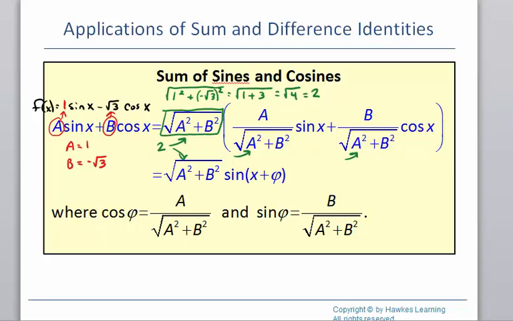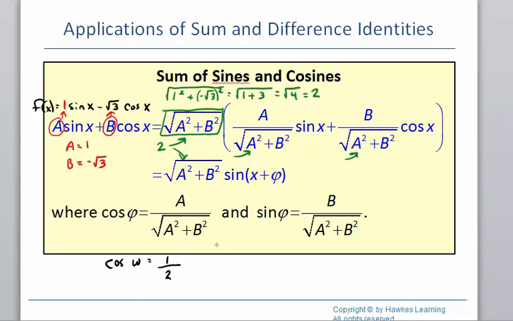Now, we also know that cosine of angle omega is equal to a over the square root of a squared plus b squared. So we can go ahead and calculate that fairly easily, and I want to do that with you next. All right, so cosine of that omega is equal to the a value, which is going to be 1, over this square root that we found to be 2.